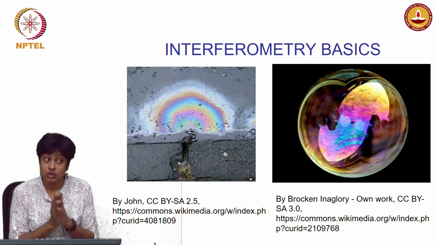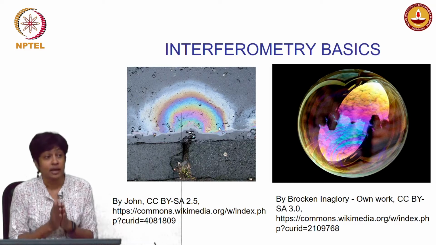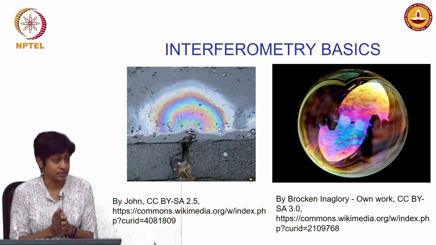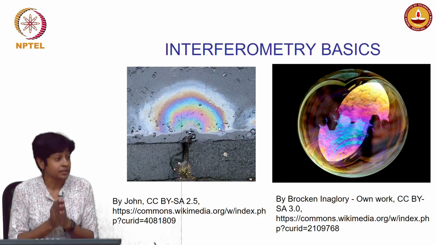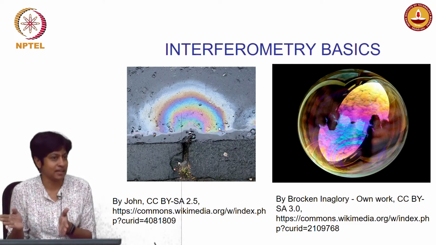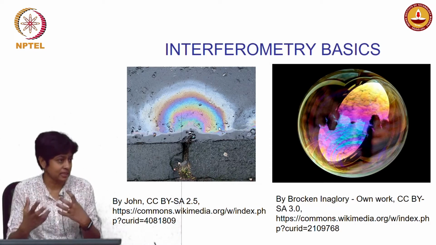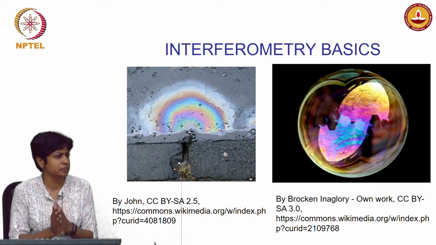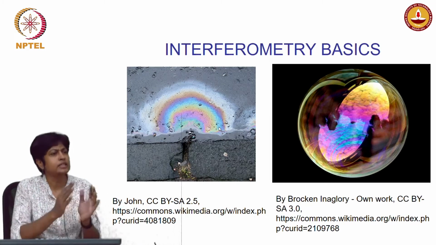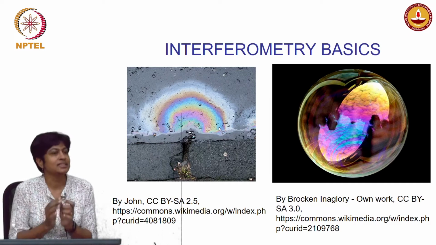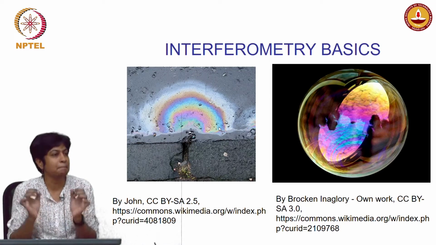So no, it is not same wavelength, it is same phase, right? In other words, same optical path length. We'll see these conditions, but think of the interference pattern as nothing but an iso-optical path length map, connecting regions of the same path length.